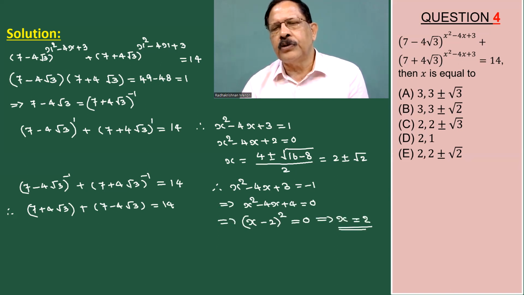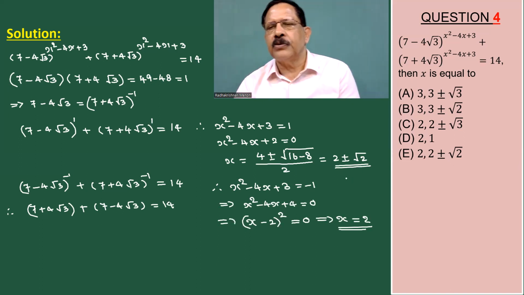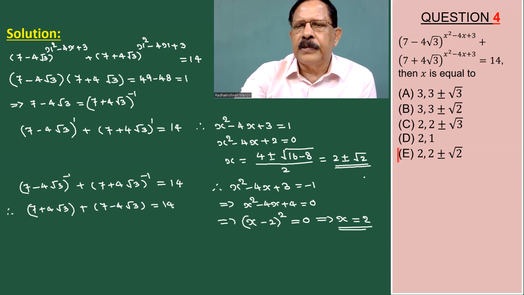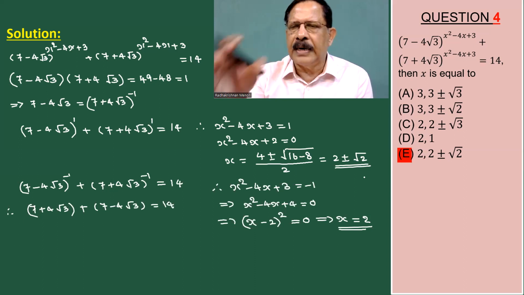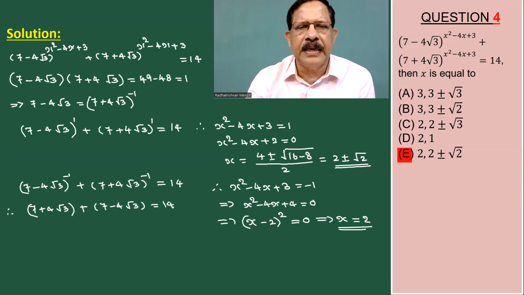So x is equal to 2 plus or minus root 2, option E. So when you are getting 2 plus or minus root 2, at that time itself, you will be able to write or get the correct answer in KEAM. Okay.